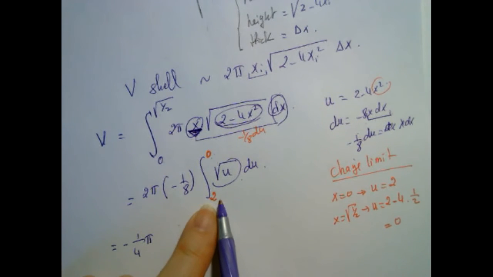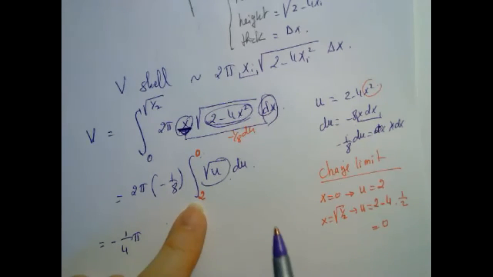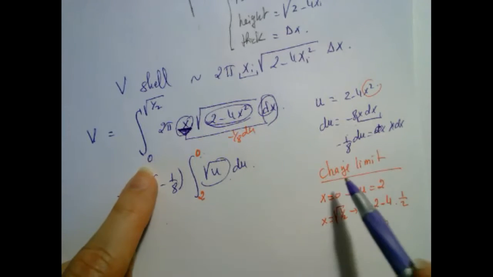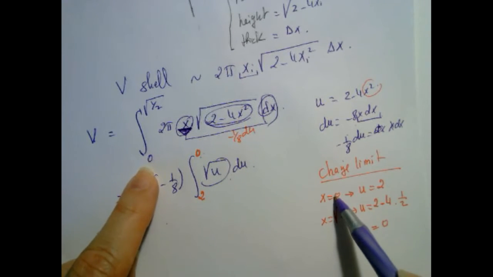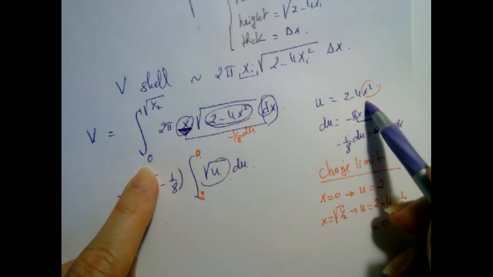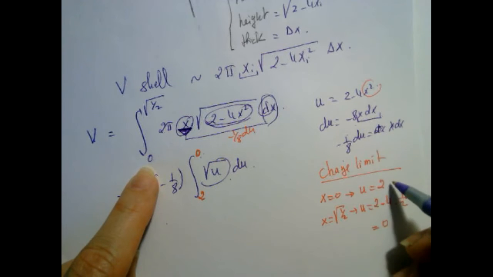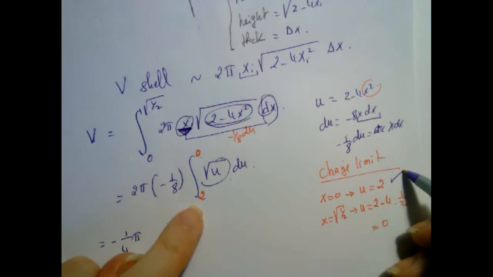The 2 is on the lower one, and the 0 is on the upper. No, no, no. If x is 0, I plug it back in here. What will this give me for u? It gives me 2. Exactly. It stays where it is.